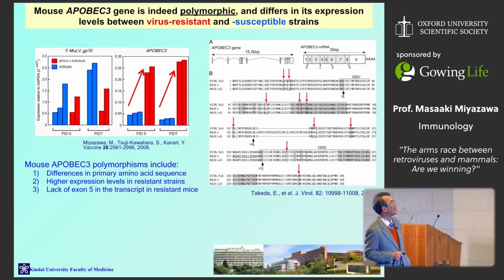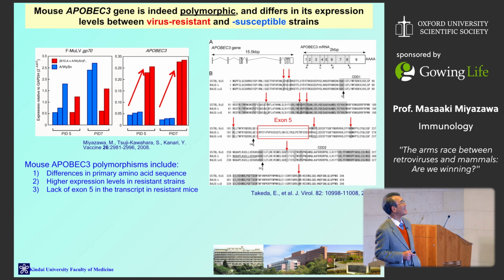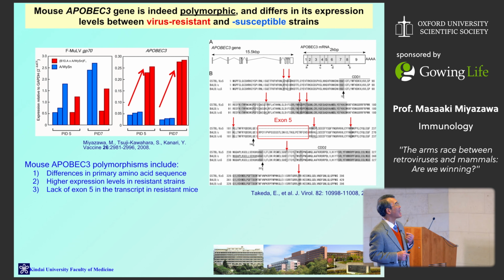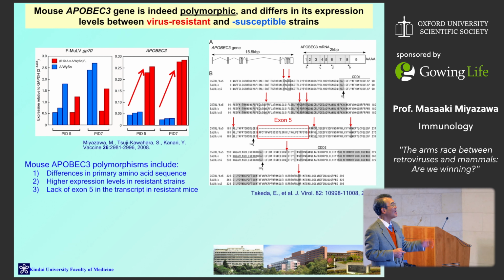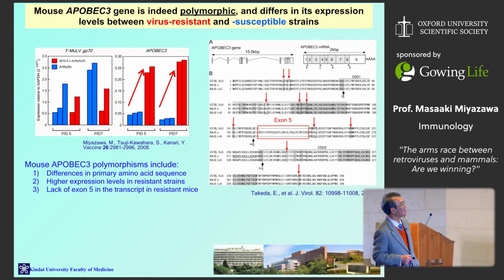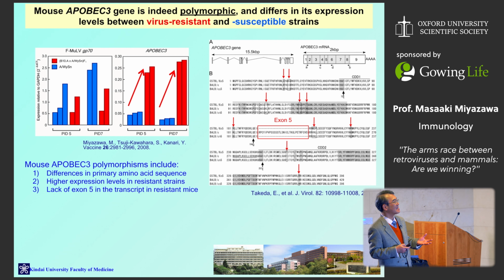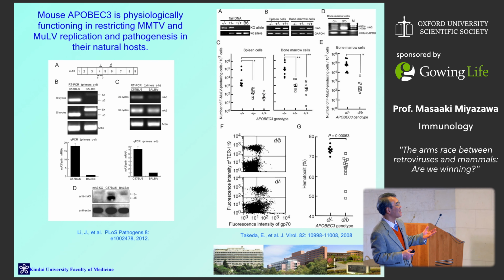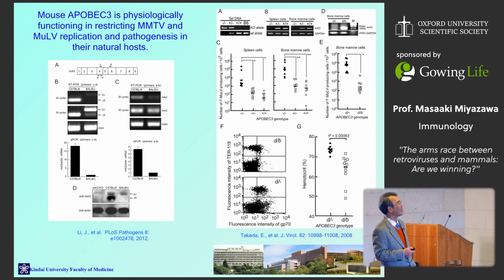So, there are several differences between the product of ApoBec3 encoded by resistant allele and susceptible allele. One is higher expression level induced by the presence of the resistant ApoBec3 allele, and there are amino acid substitutions, and there's a difference between the presence or absence of exon 5. So which of these are actually associated with the observed susceptibility or resistance to friend retrovirus infection?